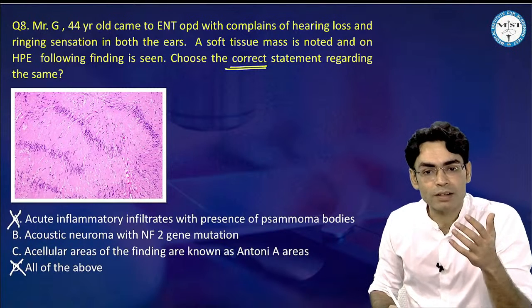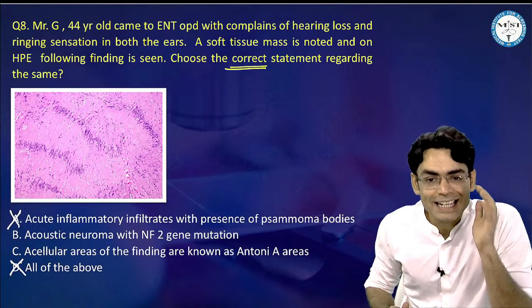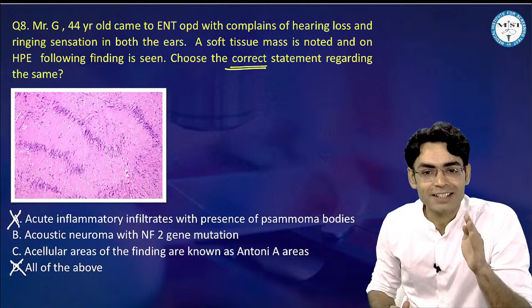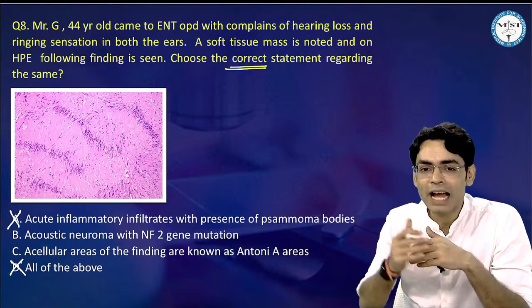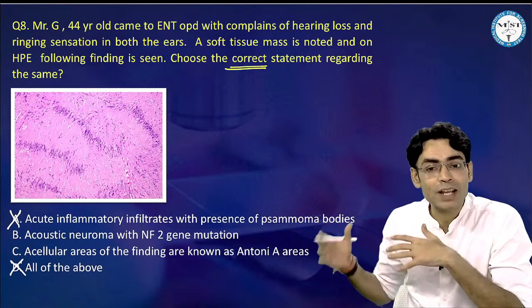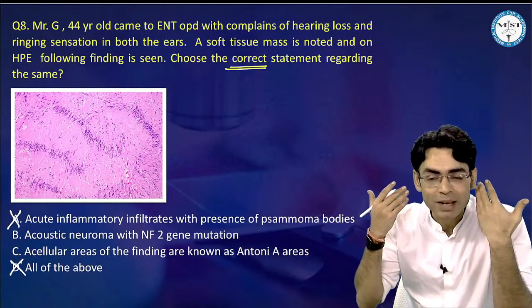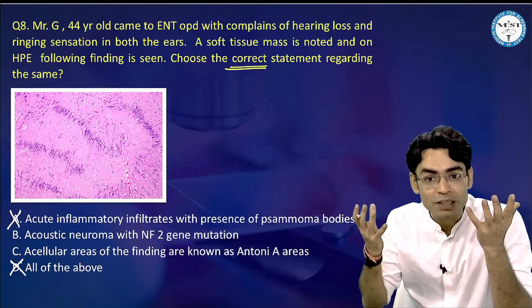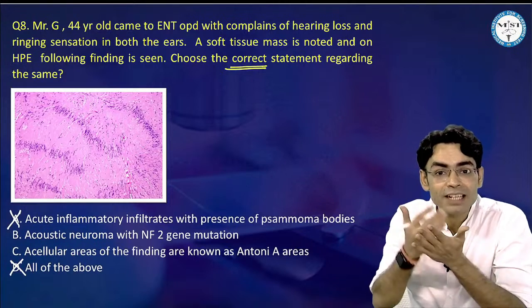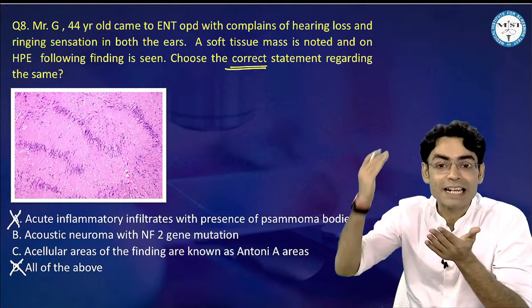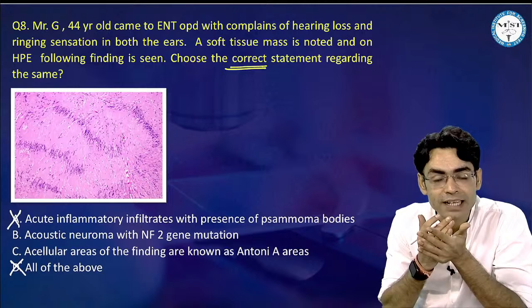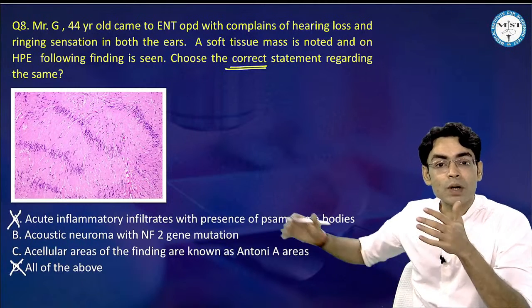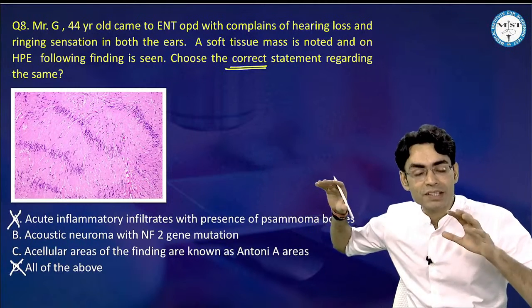This is a tumor of the 8th cranial nerve. Whenever somebody has a tumor related to the 8th cranial nerve, we know it is supplying the ears, so obviously there would be problems in the ear. That is why sensorineural hearing loss will be there, and ringing sensation, tinnitus, inside the ear. So you are seeing schwannoma, acoustic neuroma.